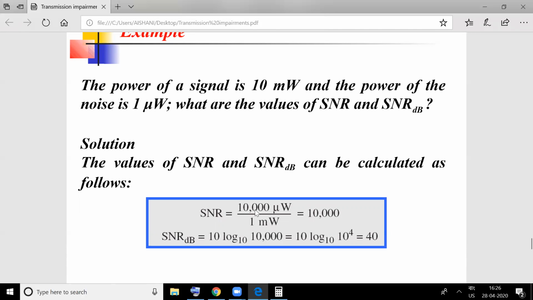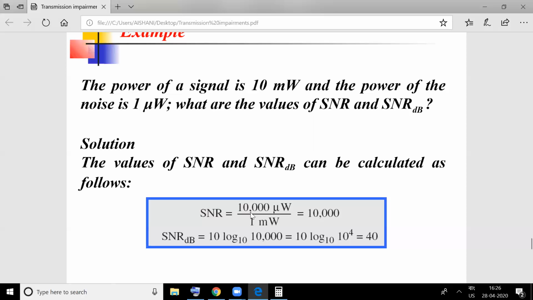So we are converting the milliwatt into microwatt. 10 milliwatt means 10 into 10 to the power 3 microwatt. And noise power is 1 microwatt. This is basically microwatt, not milliwatt. It is wrongly written.